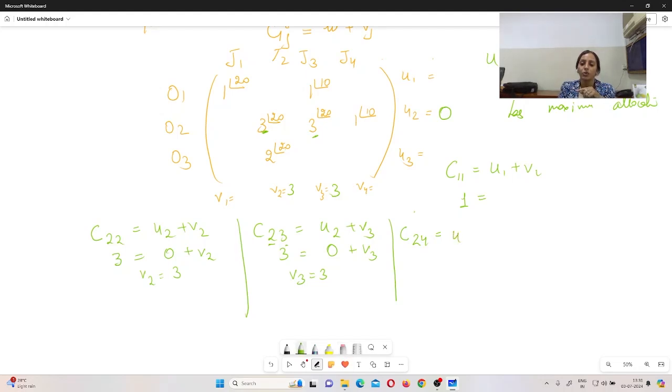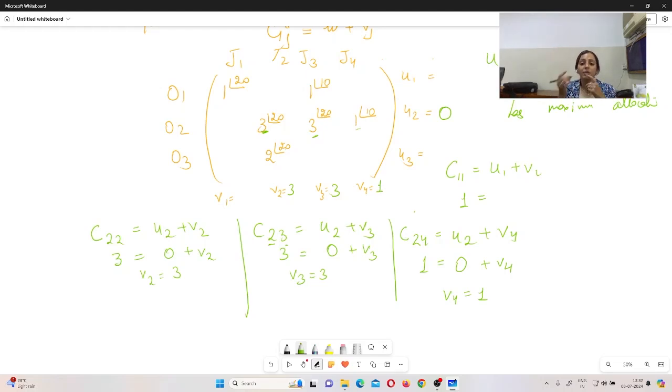And the C24 value is 1, so write it over here as 1 is equal to U2 value 0 plus V4 value. We don't know, but now are we able to find out the V4 value? The answer is yes. So V4 is equal to 1. So this is the way we are able to find the V4 value equal to 1. So write it over here as 1.